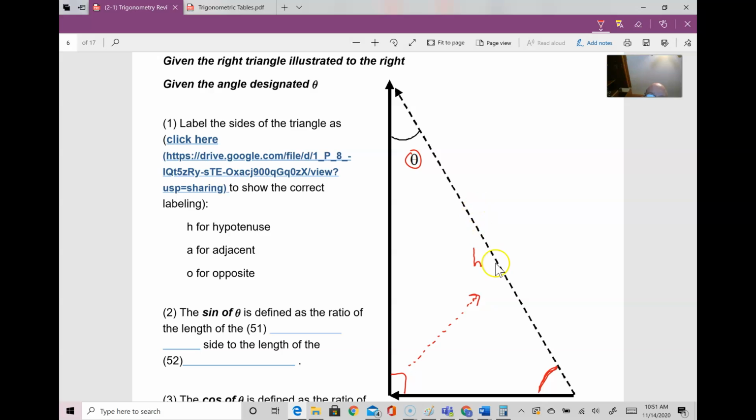The adjacent side is the side of the triangle that's next to the angle that I want. I want this angle right here, theta. I want to know about that. So this is the adjacent side. Adjacent means next to. But you could say, Marshall, well, the hypotenuse here is also adjacent to this angle.